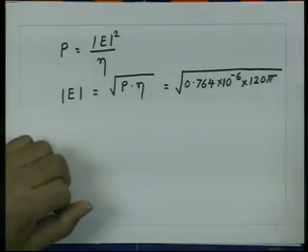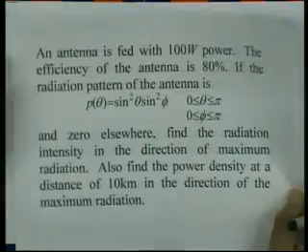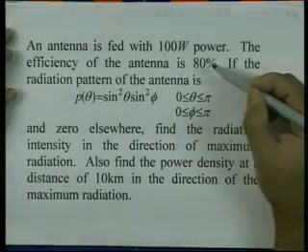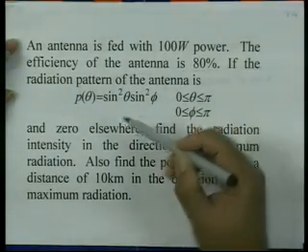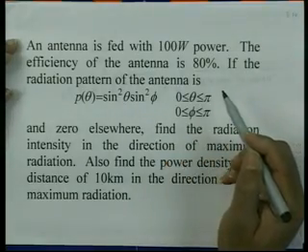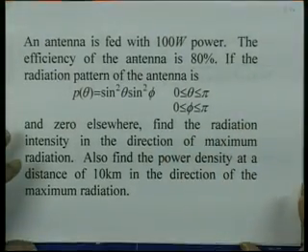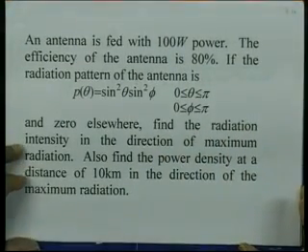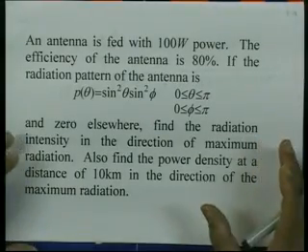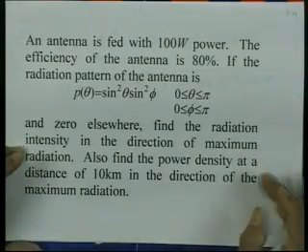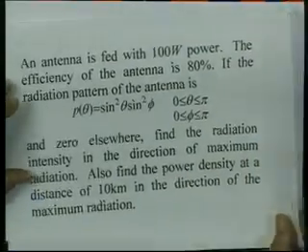So, see in this problem what is given, the total input power is given, the efficiency of the antenna is given, the power radiation pattern is given, and we are asked to find out the maximum radiation intensity, the maximum power density at a distance of 10 kilometer, and also the maximum electric field.